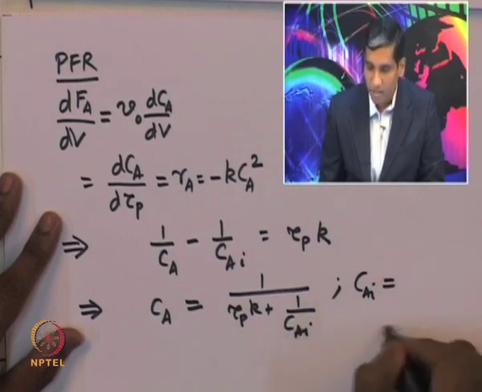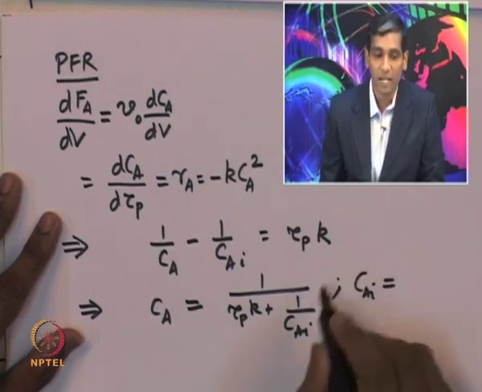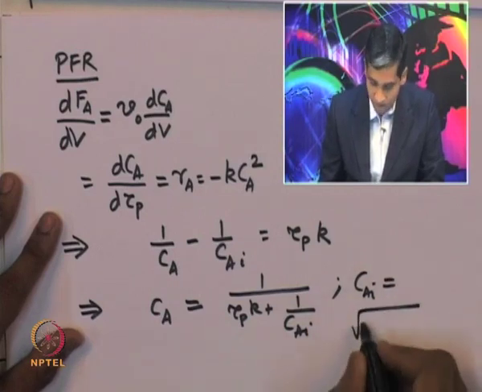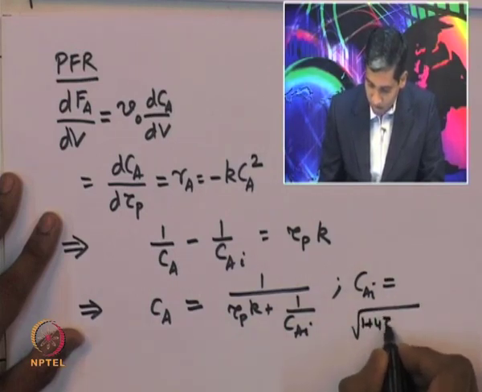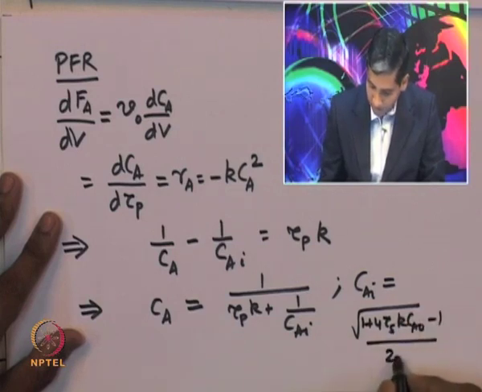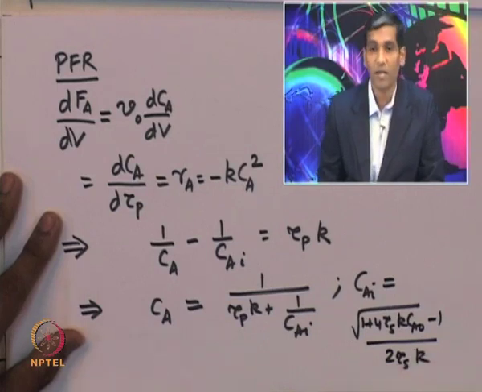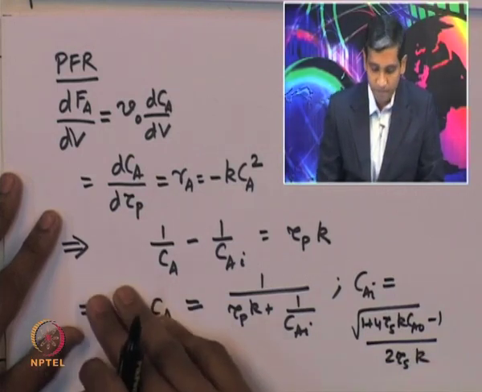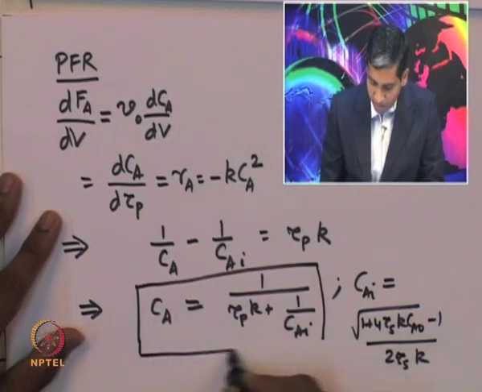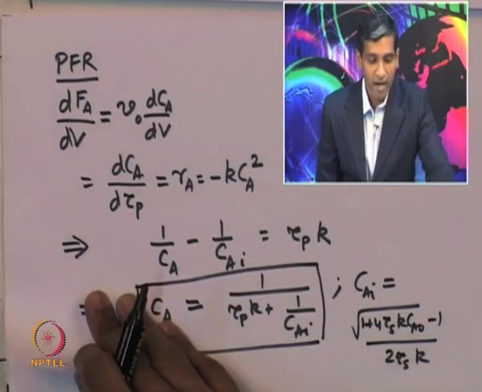This is the concentration with which the species leaves the CSTR. So, that is given by square root of 1 plus 4 tau s K Ca naught minus 1 divided by 2 tau s into K. So, K is the specific reaction rate, and this is the concentration of the species that leaves the plug flow reactor.